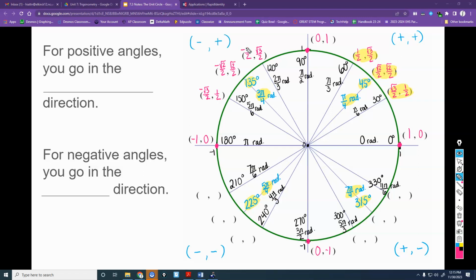Alright, so I can do the same thing whenever I look down here. Basically, all of them closest to the x-axis are going to be square root of 3 over 2, 1/2, and square root of 3 over 2, 1/2. But in the third quadrant, both of them are negative. And in the fourth quadrant, just the y-coordinate is negative. And so the square root of 2 over 2's will go here.